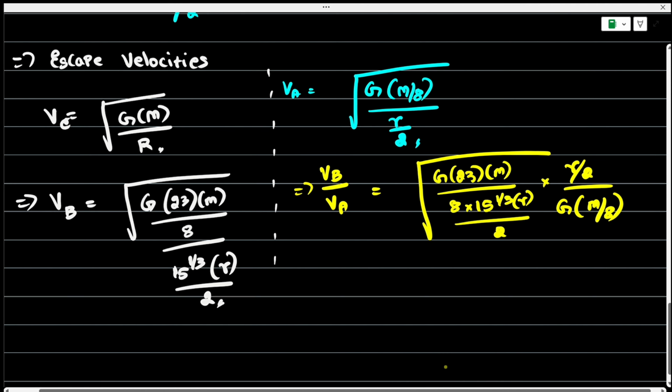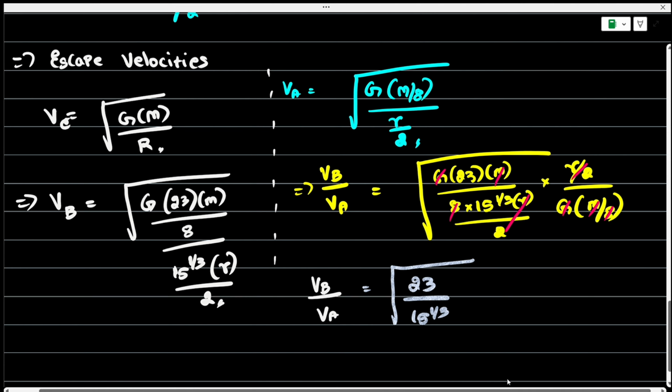Let's cancel g, 8, m, r by 2, r by 2. So VB by VA is equal to the square root of 23 divided by 15 to the power of 1 by 3.